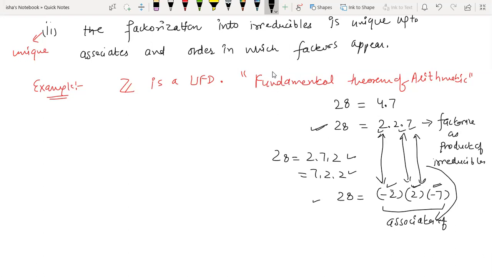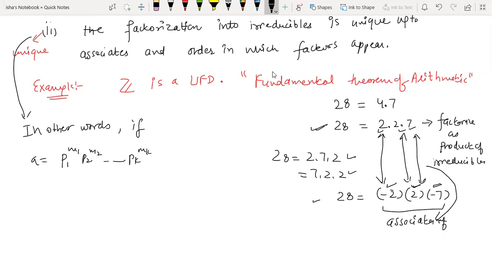And if I want to explain more the point number 2, this can be written, in other words, like this: say some element A is there, p1 raised to power m1, p2 raised to power m2, up to pk raised to power mk.